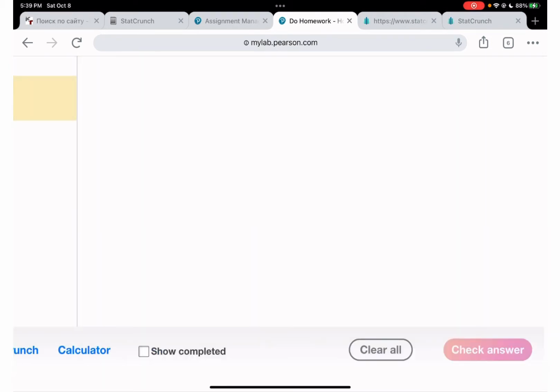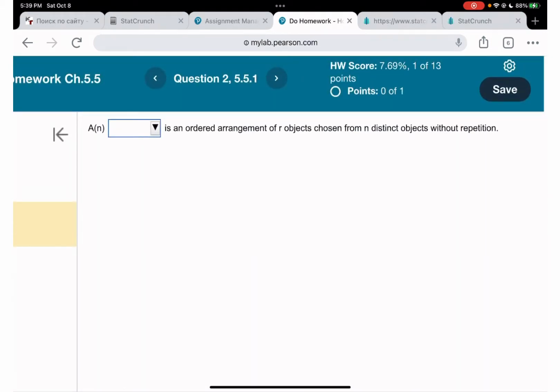Next question. So what do we have here? Oh, permutation combination. All right, so let's see how we're going to figure out this answer. So we have an ordered arrangement of r objects chosen from n distinct objects without repetition.